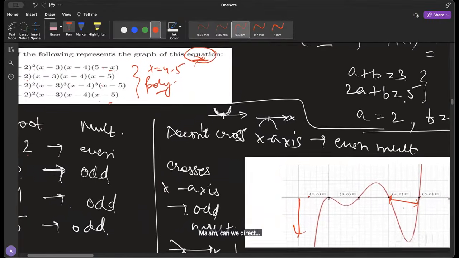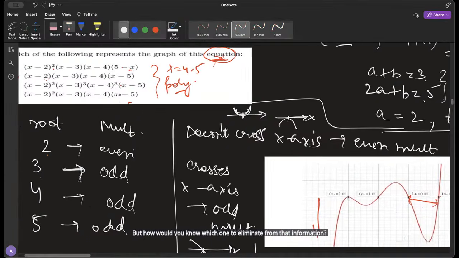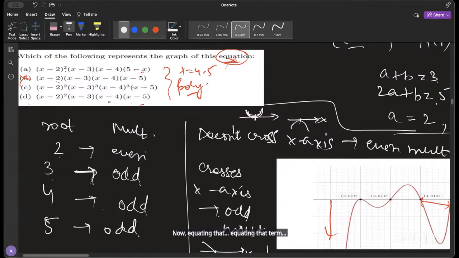Ma'am, can we directly equate 5 minus x to 0 so that x is equal to 5 and we can check that coordinate? But how would you know which one to eliminate from that information? If you put x equals 5, then all of these are 0. Equating that term gives the solution, or a zero, of the polynomial.